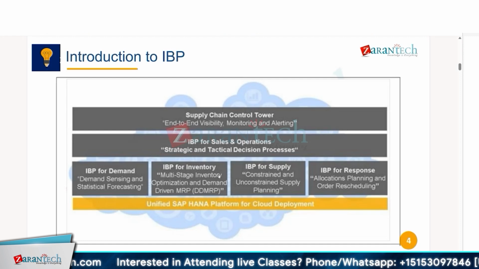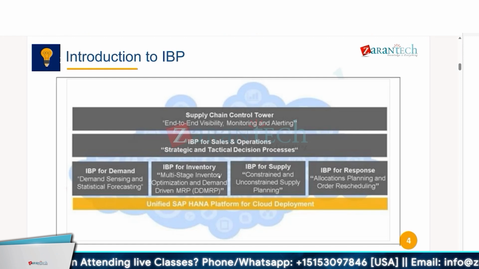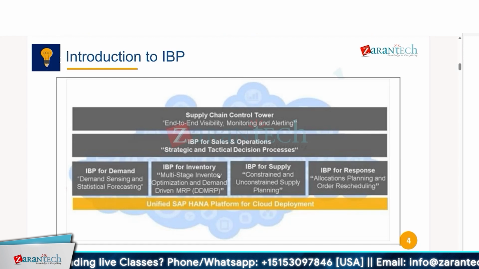So it's always better to liquidate the inventory before it expires, because sometimes the organization feels that they will wait for the demand, and they will not give any kind of discounts to the customer to accept the inventory. But in actual, at the end of the cycle, once the inventory is expired, it becomes zero value to the organization, and it has to be dumped or scrapped.